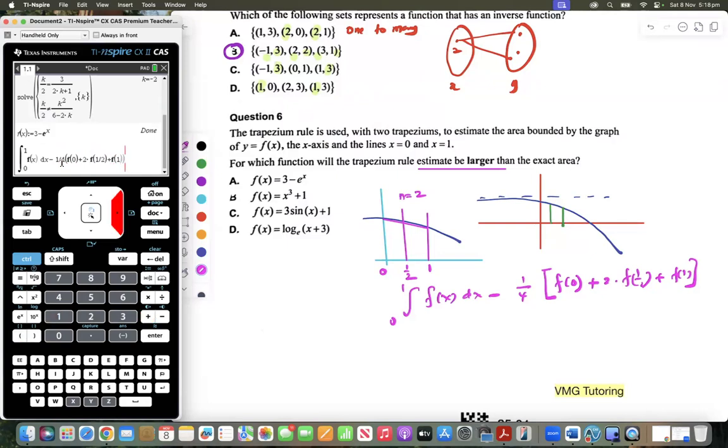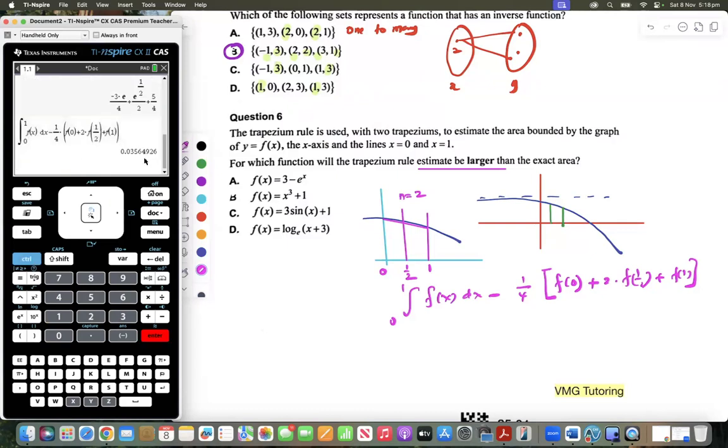If you get this answer, it's a very small answer. This actually gives me the integral value is greater than the estimate.